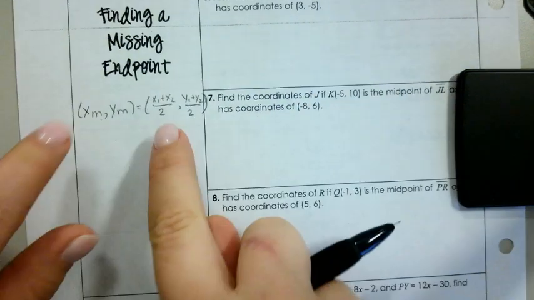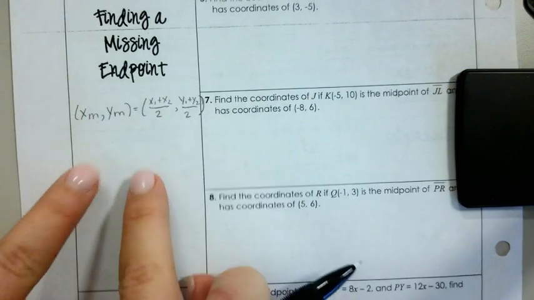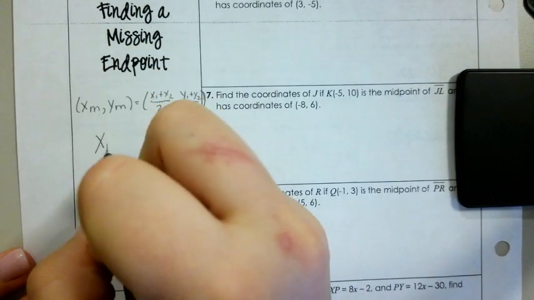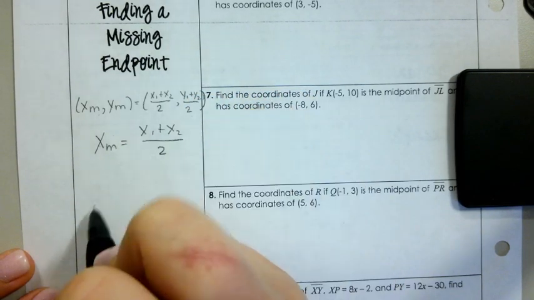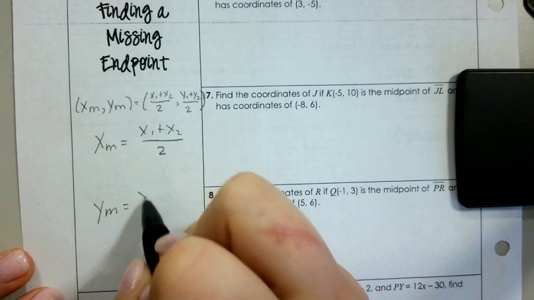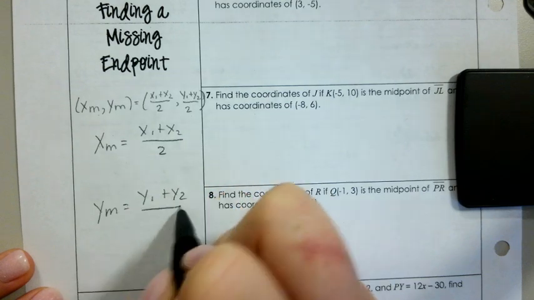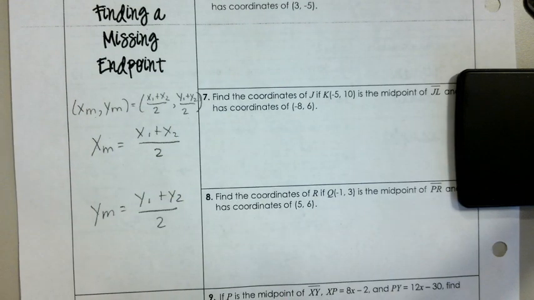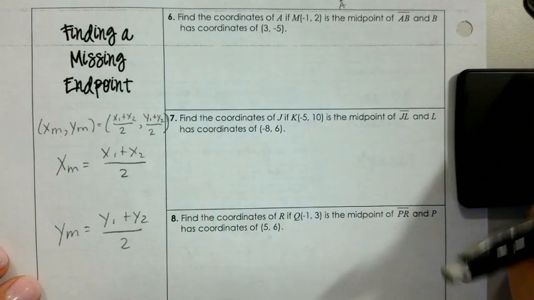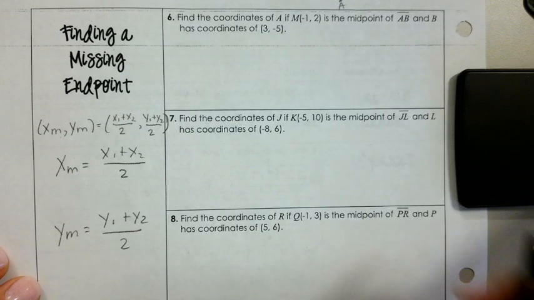So we have XM is equal to X1 plus X2 over 2, and YM is equal to Y1 plus Y2 over 2. All we did is write an equation so we can solve for a missing variable, which is going to be our missing endpoint.